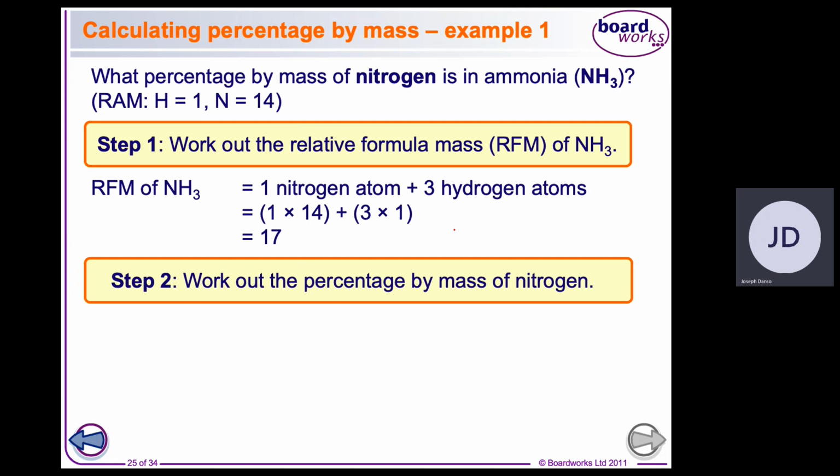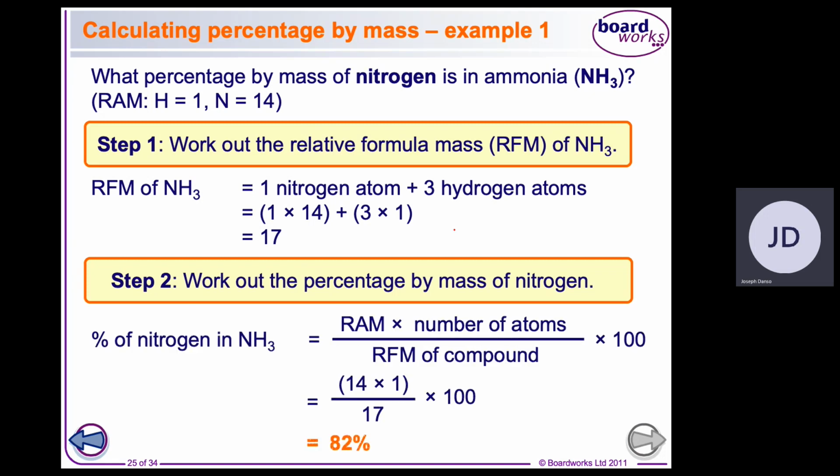Step 2, you then move on to work out the percentage by mass by putting them in the formula. Now, the formula says that the percentage by mass of nitrogen in ammonia is going to be the RAM, the relative atomic mass, times the number of nitrogen in ammonia, divided by the relative formula mass of ammonia.